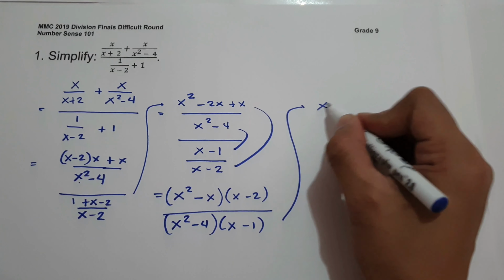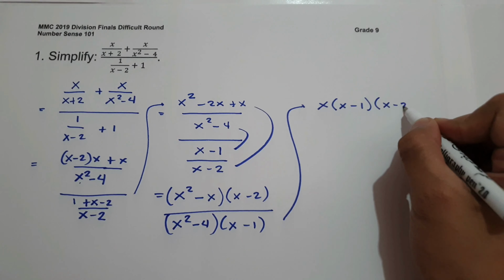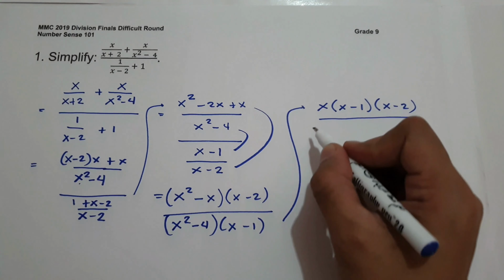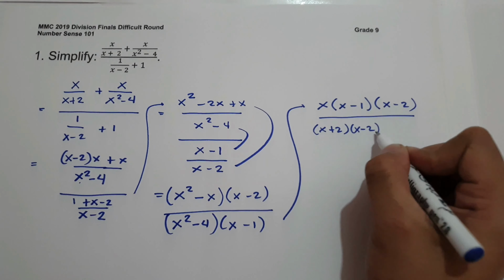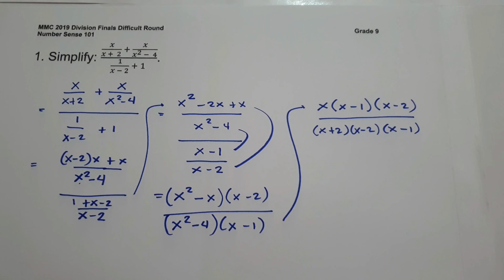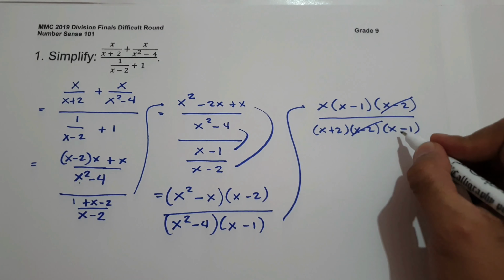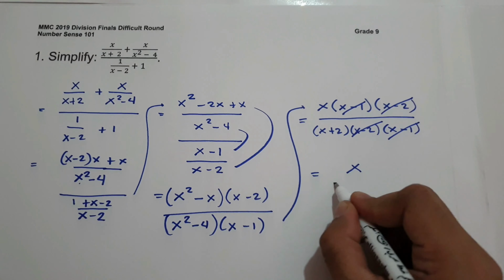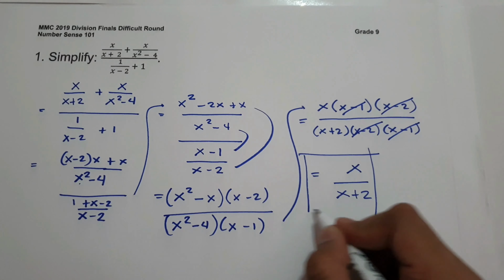So this will be x times x minus 1 times x minus 2, and x squared minus 4 can be written as x plus 2 and x minus 2 times x minus 1. To simplify, let us cancel x minus 2 and x minus 1. Therefore, our answer is x over x plus 2.